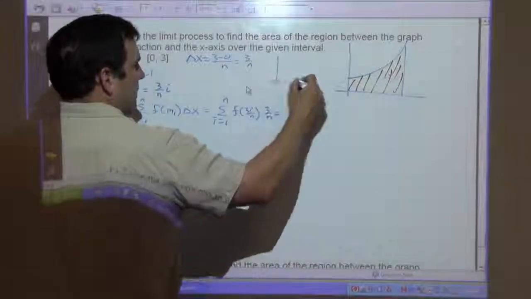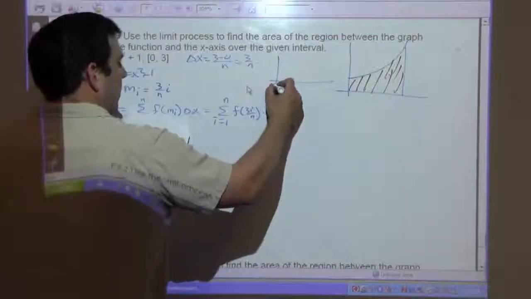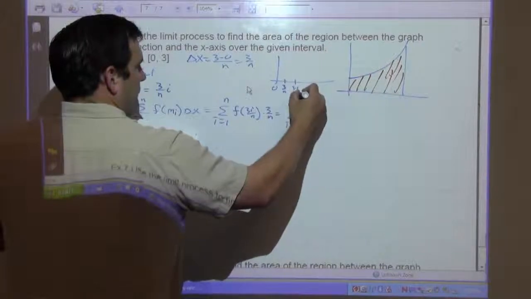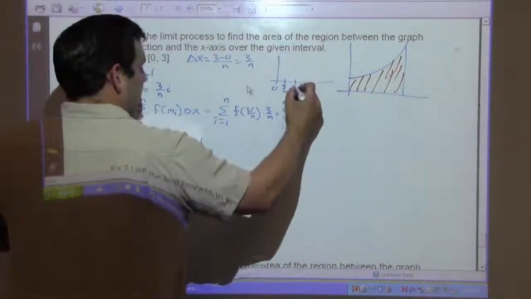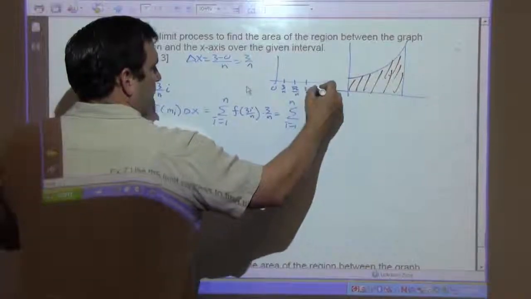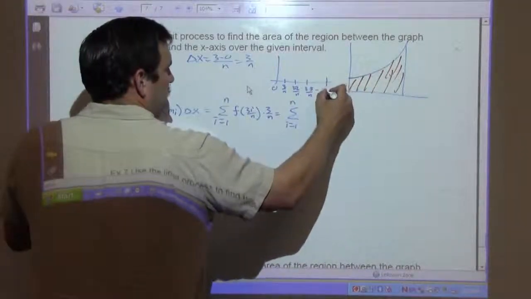And if it just helps to see this, here's 0, here's 3 over n, here's 3 times 1 over n, here's 3 times 2 over n, 3 times 3 over n, and we get out there, here's 3 times i over n.